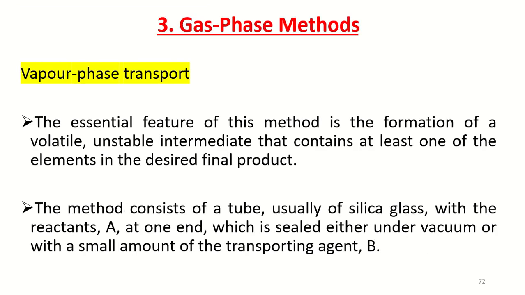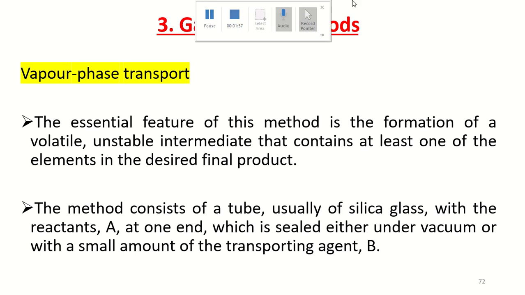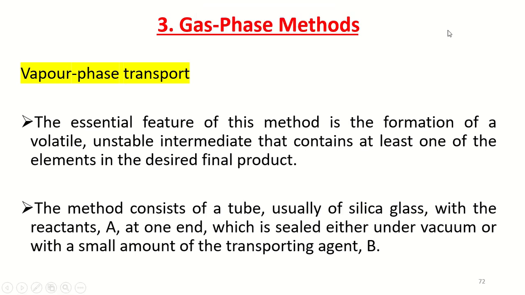Now the third one is the gas phase methods. In gas phase methods, we are going to discuss and learn about some of the important gas phase methods. The first one is vapor phase transport.